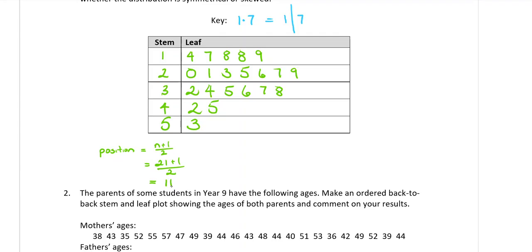So starting with the first 4 up here, 1, 2, 3, 4, 5, 6, 7, 8, 9, 10, 11, is that 7. So I'm going to circle the 7. But remember, the 7 isn't all by itself. It also has a stem, which is the 2. So the median is 2.7, because remember, it was a decimal point, not a tens and ones.